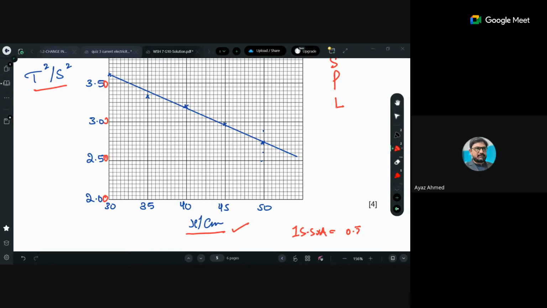Actually, when we discuss these issues with examiners in workshops, the Cambridge examiners tell us that it is not possible that all the points will be on the line. Are you getting it?